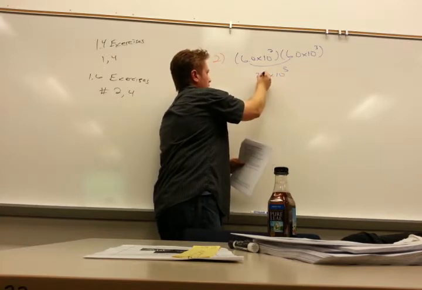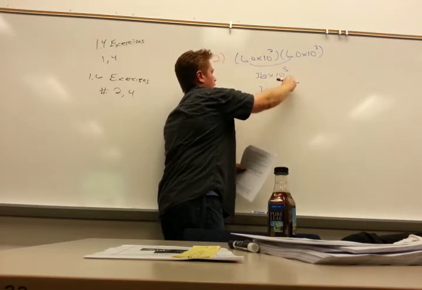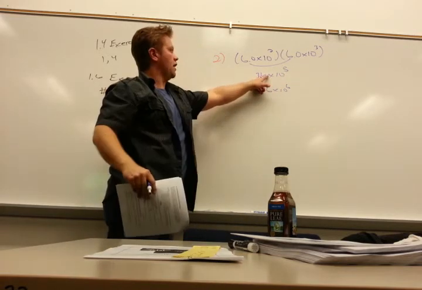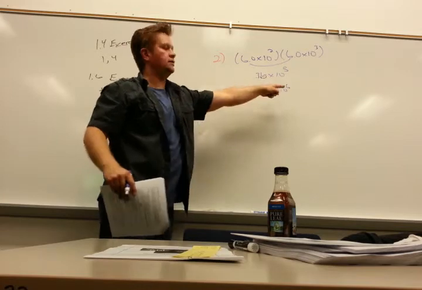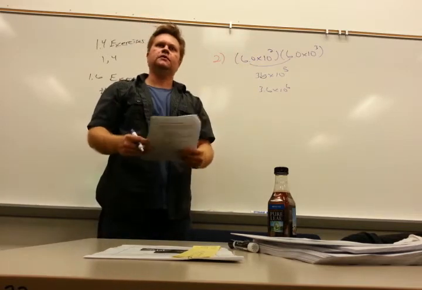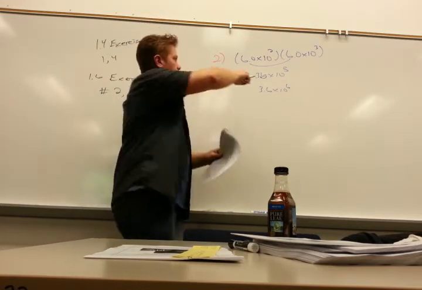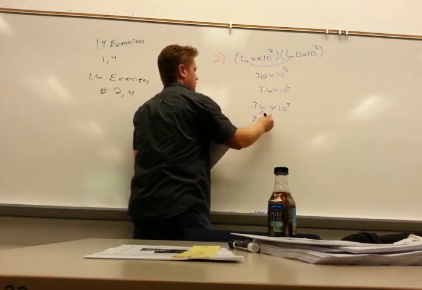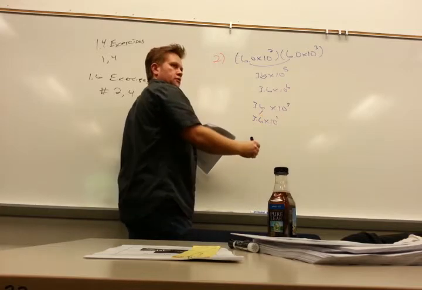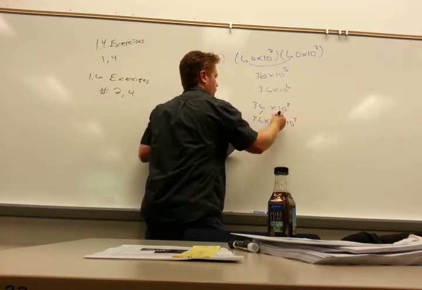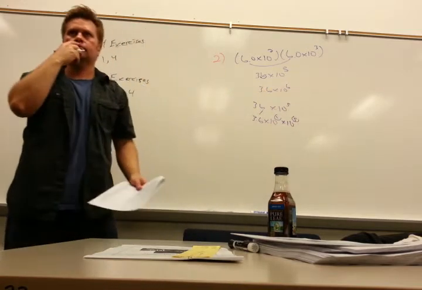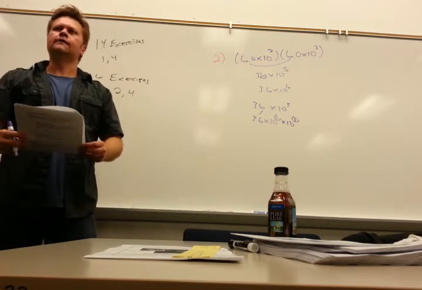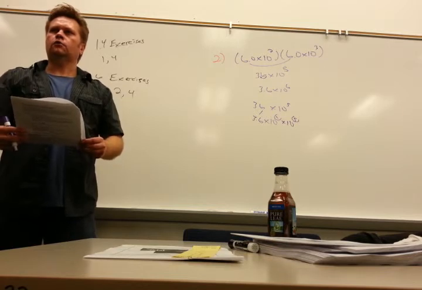So if I move it against the poor little dude, he's got to now go 1 more, 6 in that direction, because he wanted to go 5 from here that way. The other way to do it is 36 is 3.6 times 10 to the first, and we added times 10 to the fifth. 1 and 5 makes 6. Same answer. So either way you like doing it works. Okay, cool.